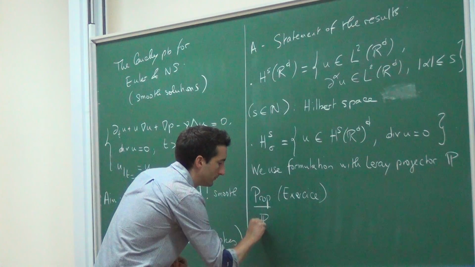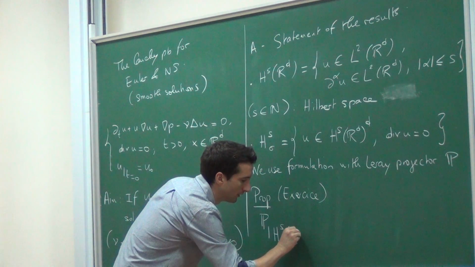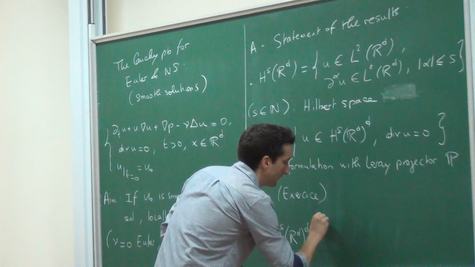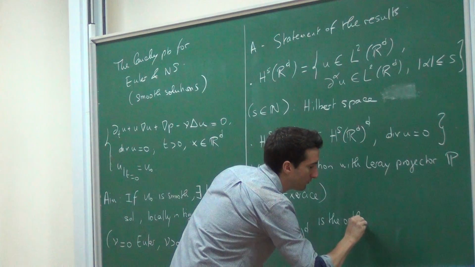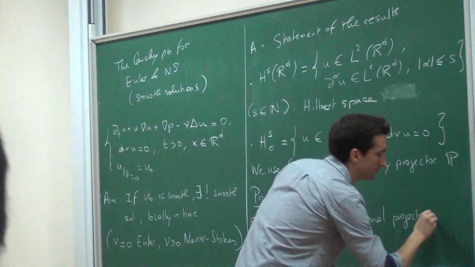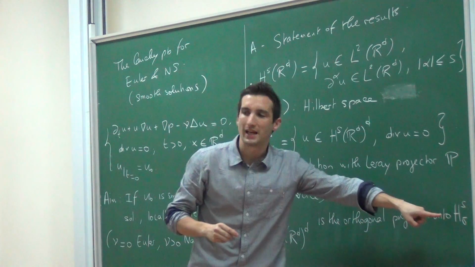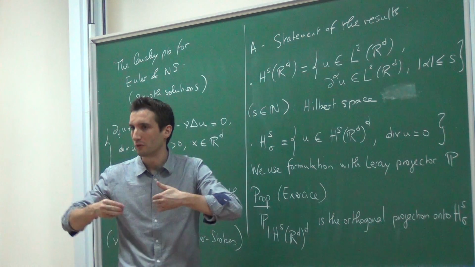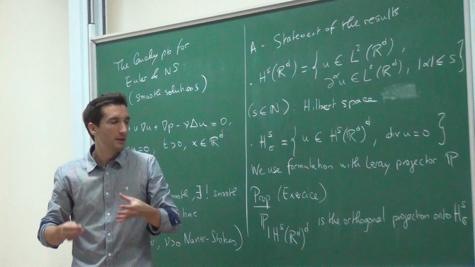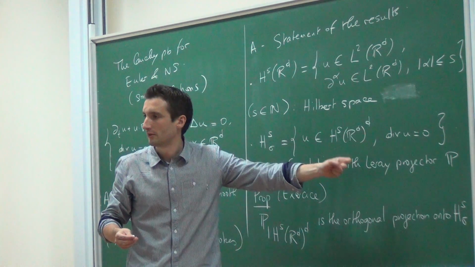When you look at the action of P over H^s fields, it's again an orthogonal projection onto H^s_sigma, divergence-free H^s fields. So it preserves H^s regularity. You have an orthogonal projection in the L2 sense, but also in the sense of the scalar product of H^s.